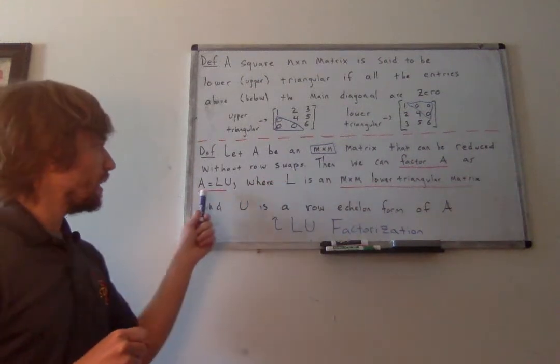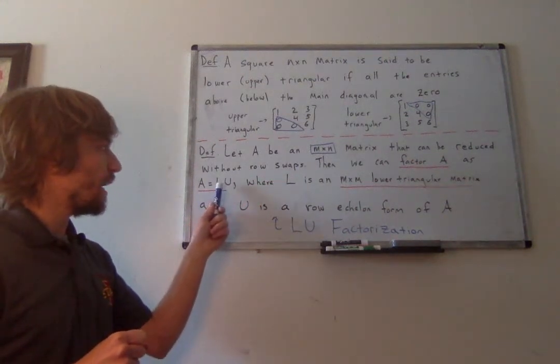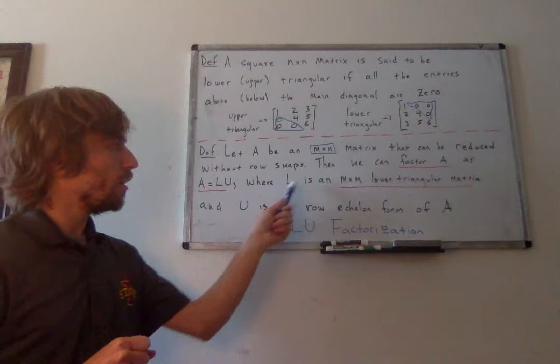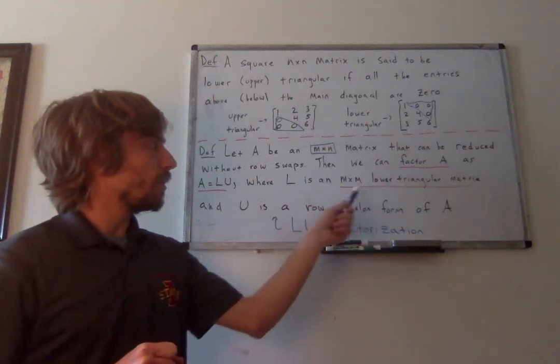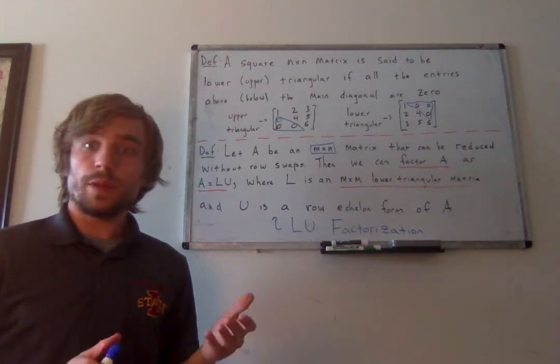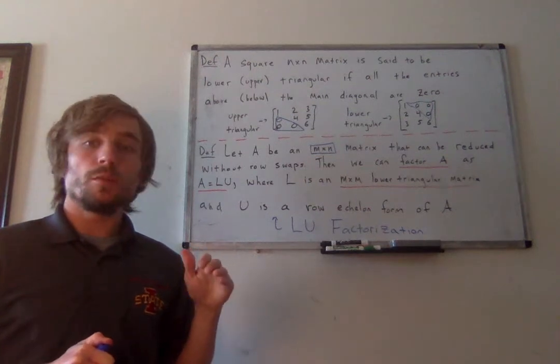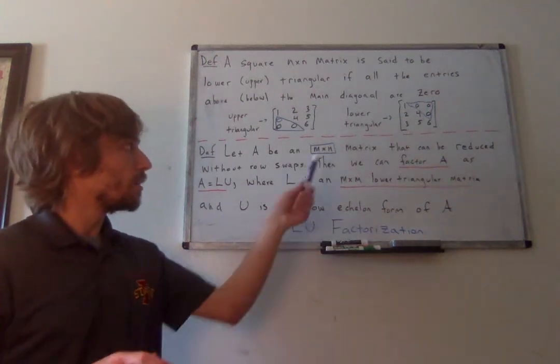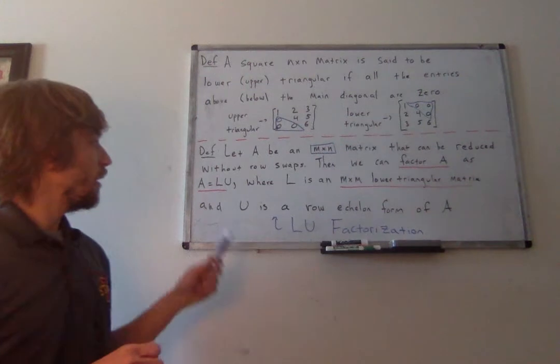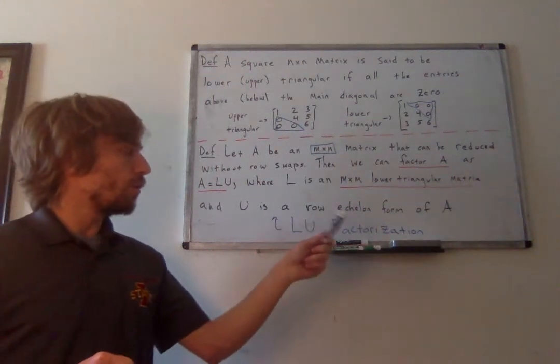We can factor A into the product of two matrices L and U, where here L is an m by m lower triangular matrix. So L is a square matrix with the same number of rows and columns as A has rows. And U is a row echelon form of A.